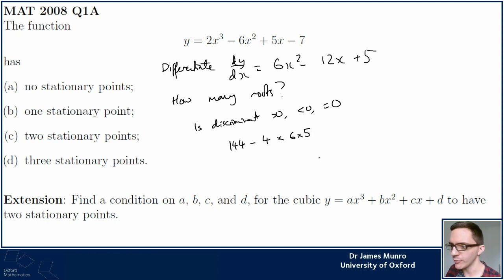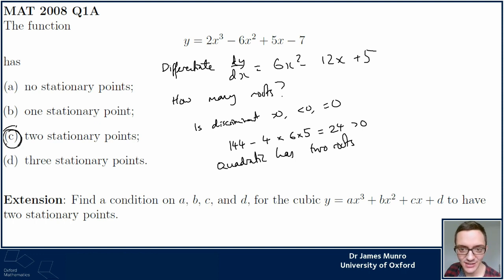Trying to be really careful because doing maths on the live stream is not my strong suit. 144 minus 120 is 24. That's bigger than 0. That means that this quadratic has 2 roots. They're 2 distinct roots because this discriminant is strictly positive. The distinct roots give me different solutions to dy by dx, and each of those is a stationary point. So the answer is C, I hope.